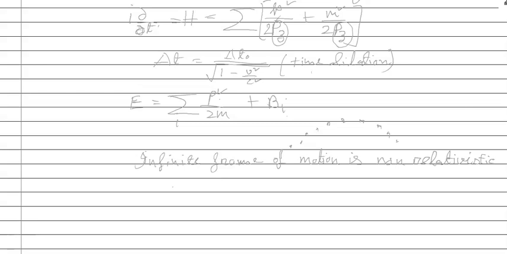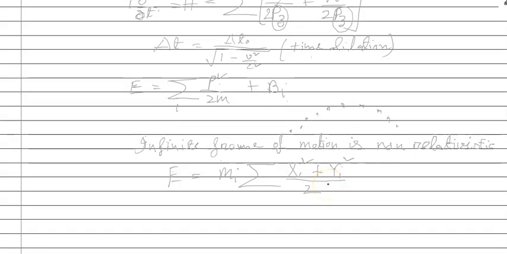Let the mass of each point go to 0. For the whole string, E equals the sum over i of m_i times (x_i dot squared plus y_i dot squared), divided by 2.